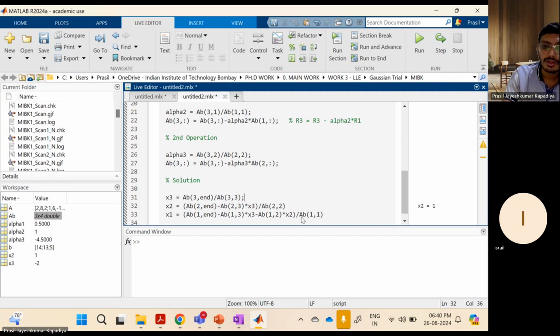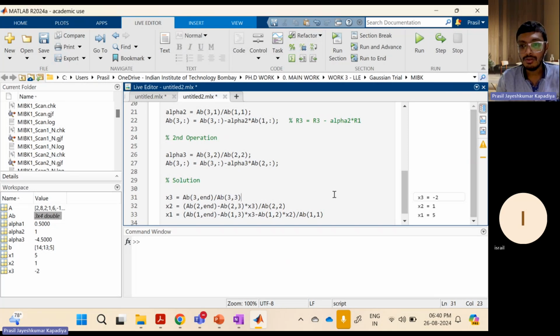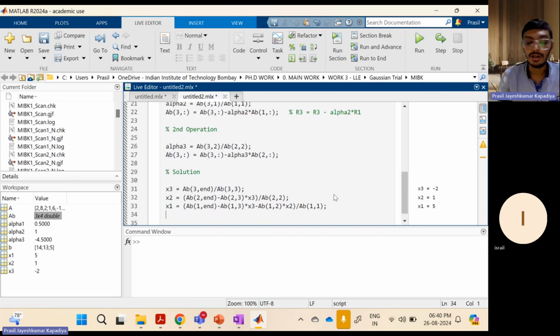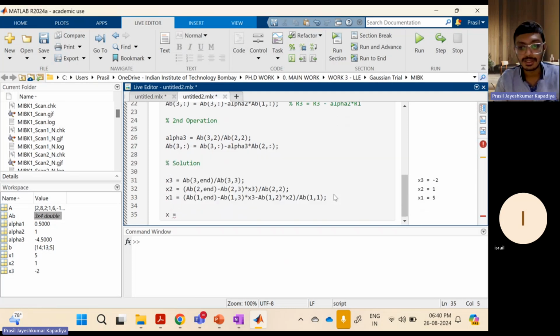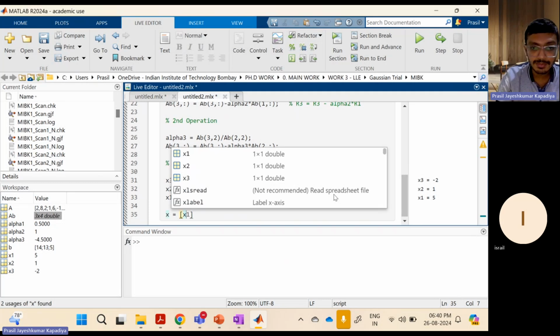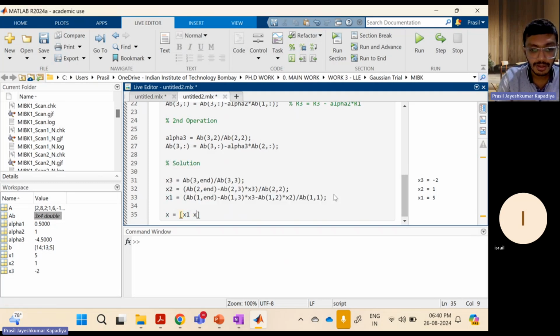Okay, so we'll get x1, x2, x3: 5, 1, minus 2. This is exactly what we got from the inverse matrix method. Let's say I'm defining x matrix is equal to x1 comma x2 comma x3.